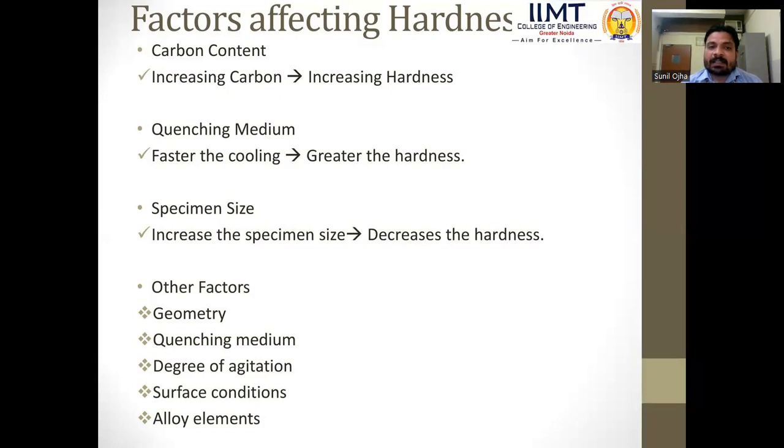Next is the specimen size. As we increase the size of the specimen, the resulting hardness decreases. Other factors that also affect hardness are the geometry of the parts, quenching medium, degree of agitation, surface conditions, and alloying elements.